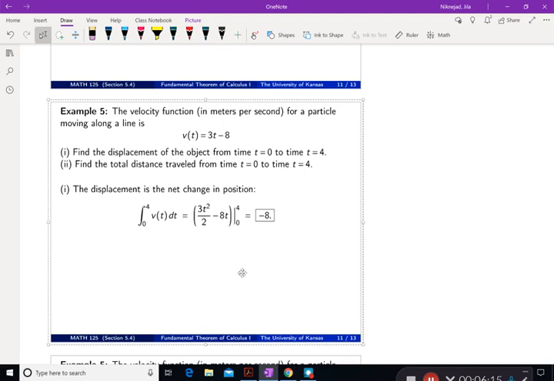Or if you're going with a car, the distance that the car is showing. That one is a little different from just net change in the position. That's actually the total distance traveled, and that comes from the net change in the absolute value.